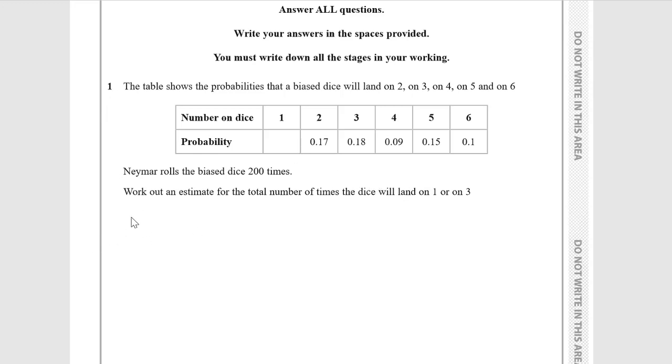We know that the entire probability is going to equal 1. So we have to add this up: P1 plus P2 plus P3 plus P4 plus P5 plus P6.